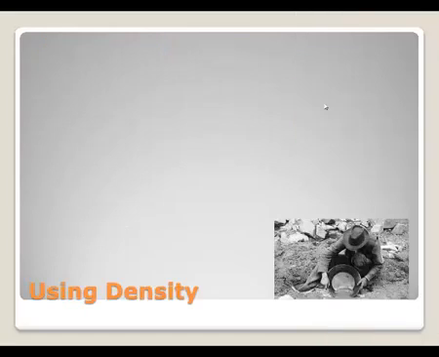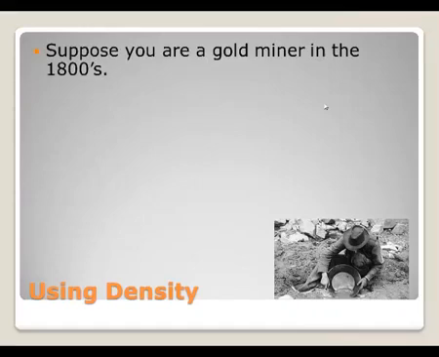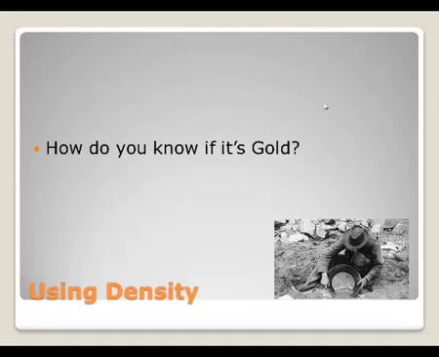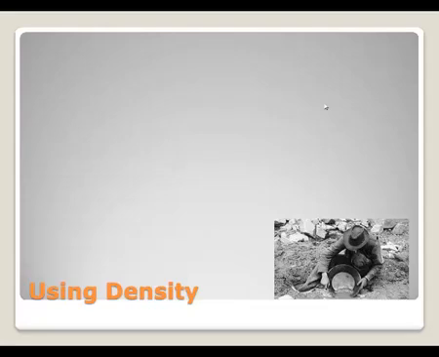So, real life example of using density. So, suppose that you're a gold miner in the 1800s. One day you're panning through sediment in a stream and you come across a big chunk of shiny golden rock. You know from experience that not all rocks that are golden and shiny are actually gold. So you need to know, is this rock actually gold? So how do you figure that out?